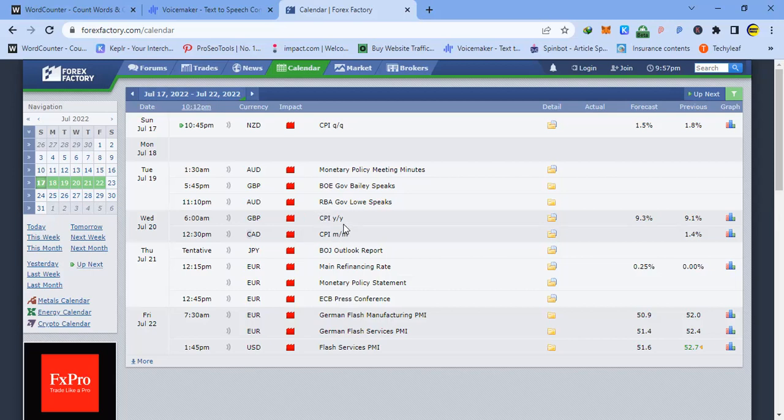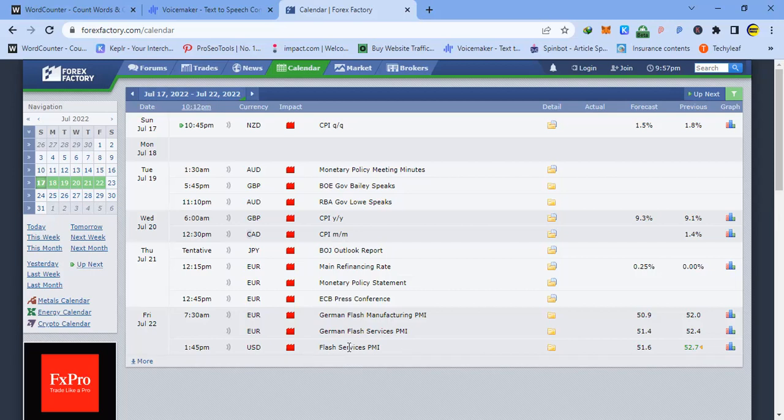All right, now on Friday we have news on USD, but as I said, I only look at three major news on the USD. That is the CPI, the NFP, and then the FOMC.